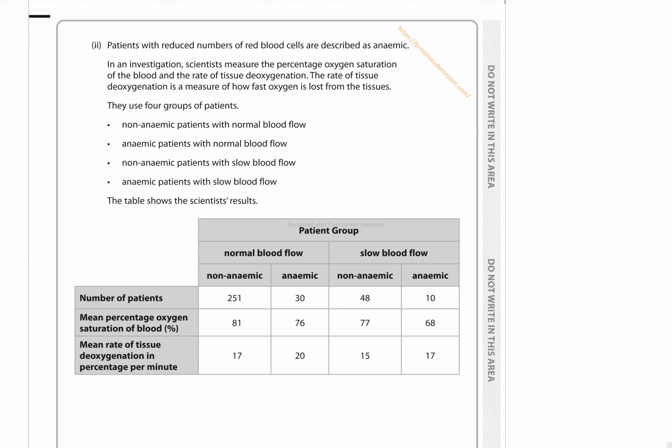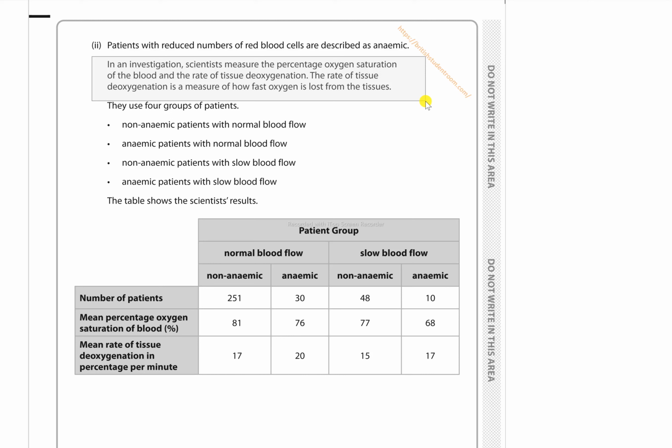Stop wasting time. Right, patients with a reduced number of red blood cells are classed as anemic. There are 4 groups of patients. There's an investigation going on to measure the percentage of oxygen saturation of the blood and the rate of tissue deoxygenation.